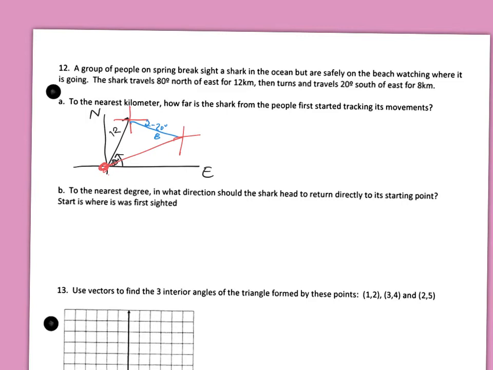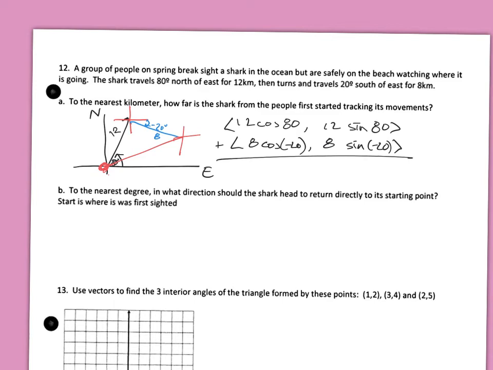So this is going to be resolving this into component form. We just did this. We had a unit circle value, so we didn't have any decimals. So we have 12 cosine of 80 and 12 sine of 80. And to that, we are adding 8 cosine of negative 20 and 8 sine of negative 20.